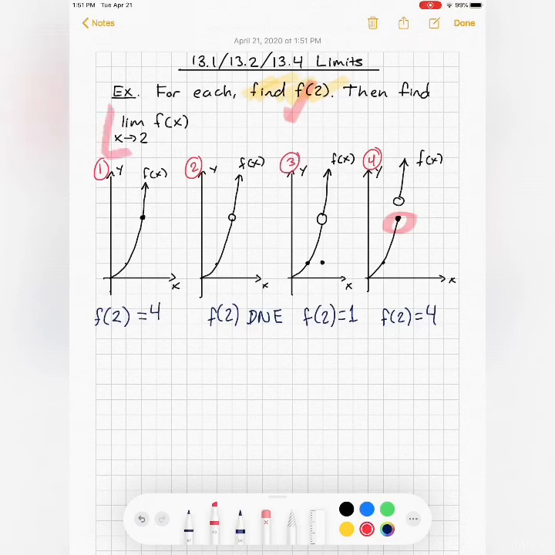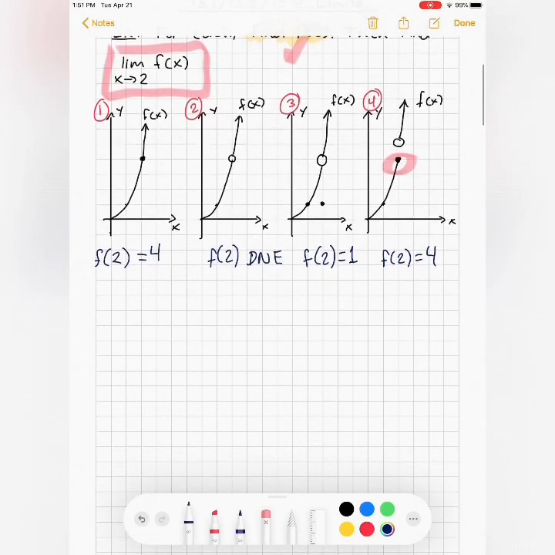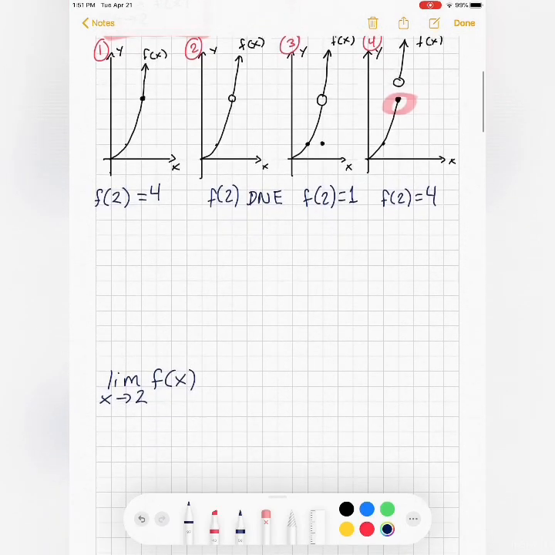The next question is actually evaluate this limit. So let me just write down here a basic definition or an explanation of what this is asking. So how I would read this, the limit as x approaches 2 of the function f of x, or the limit as x goes to 2 of the function f of x.